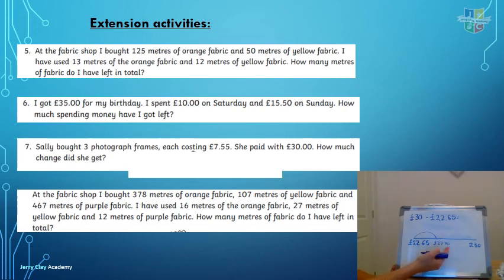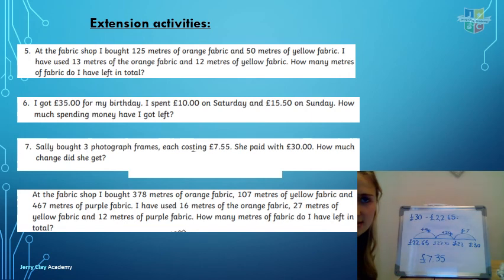So I've added 5 pence. I could then go up to my next pound, which will be 23. So 70 add 30 pence would take me up to my next pound, and then 23 up to 30 pound, I would be adding £7. So if I added all of these together, you should have got the answer £7.35.